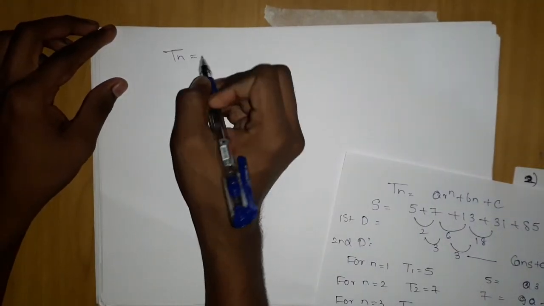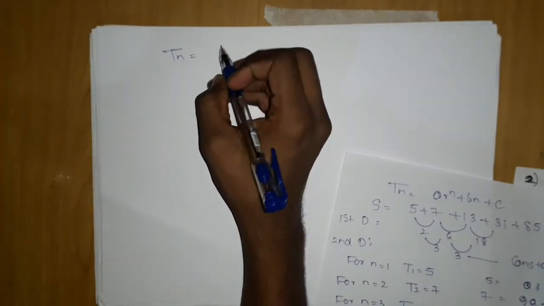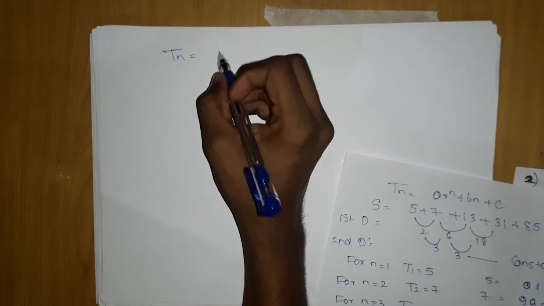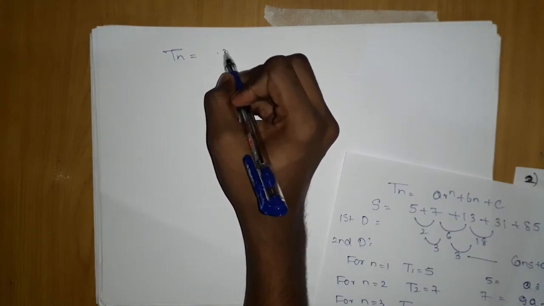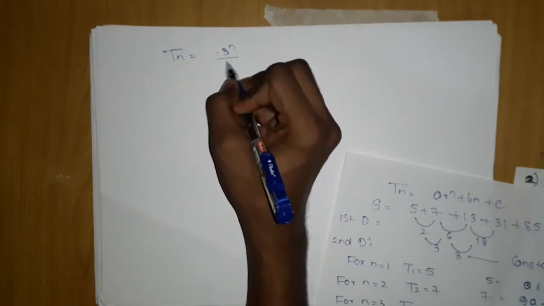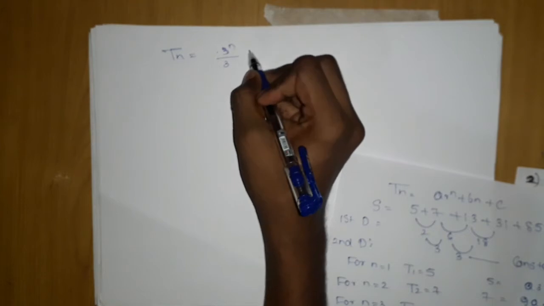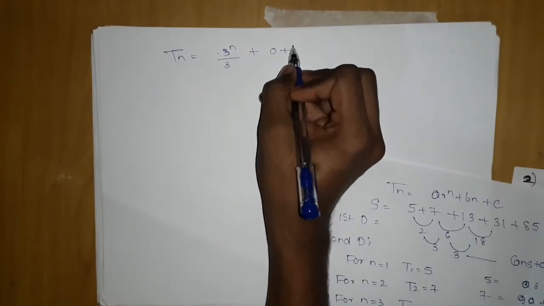Now let's put it in Tn. Tn is a, which is 1 by 3, times 3^n, plus b which is 0, plus c which is 4.